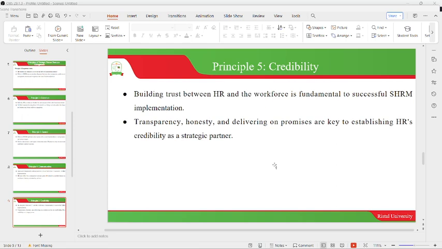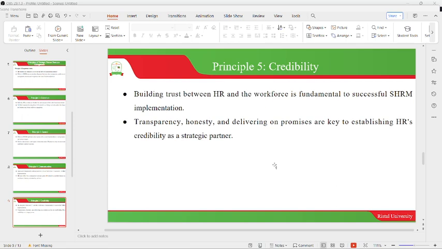If the employees trust what the department is doing, and the department trusts the workforce, then everything will be okay. But if the HR department does not trust the workforce, and the workforce at the same time does not trust the HR department, then you are making no progress. No progress, no profit, no nothing. So by the end of the day, the organization is going to decline or collapse.